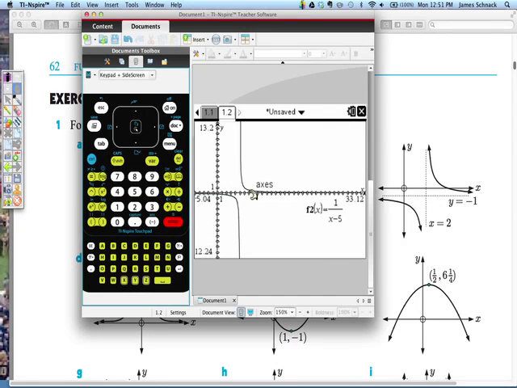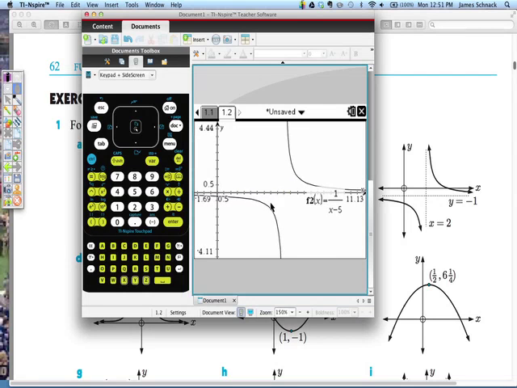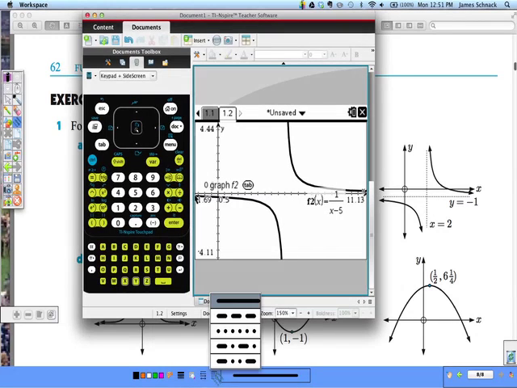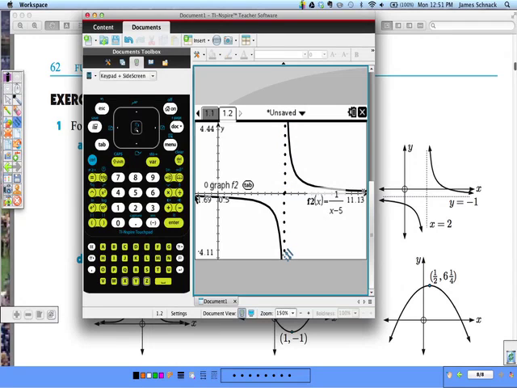So there we go. What's going on right here? That's where x equals 5. That's a vertical asymptote, ladies and gentlemen. That's where the graph cannot be for x. We have this vertical asymptote here.